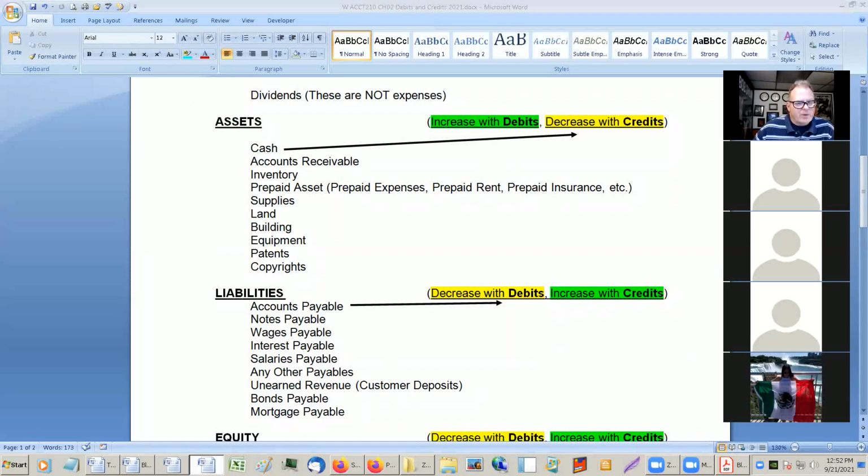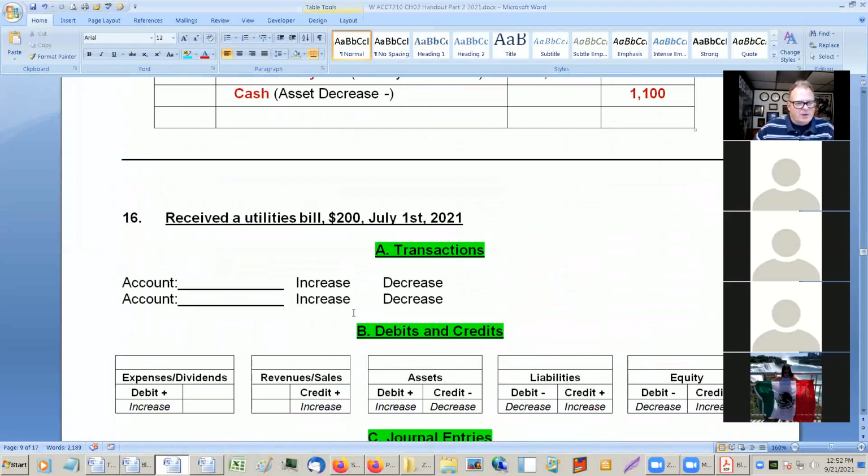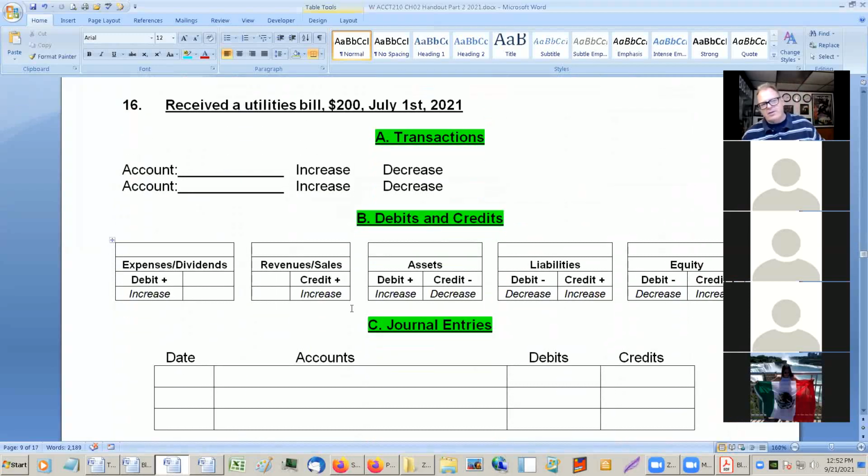Okay, let's go back to this. Oh, this is something new, because now we're going to get into revenues and expenses, which we haven't really done yet. Revenues and expenses are sort of counting money coming in and going out.